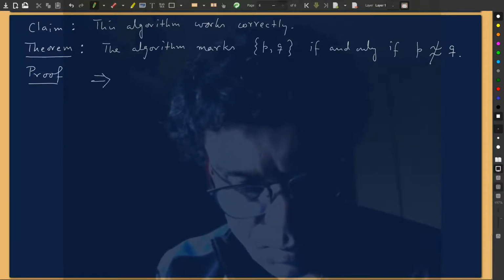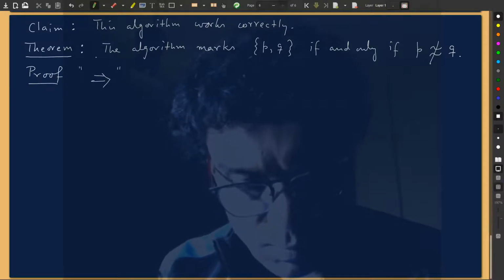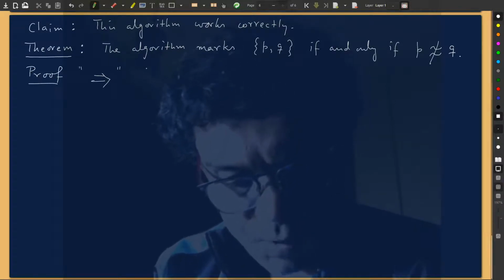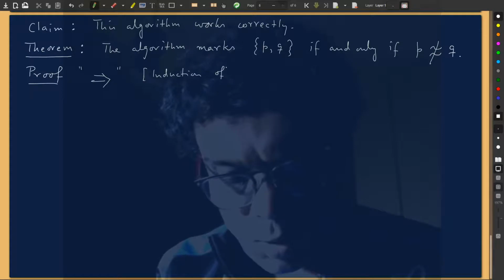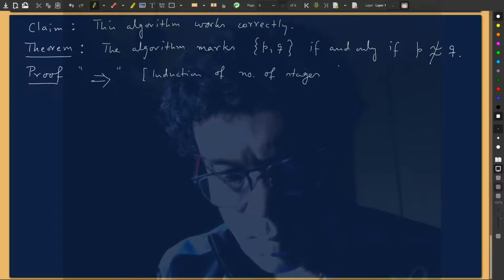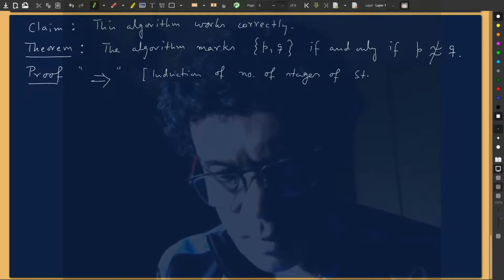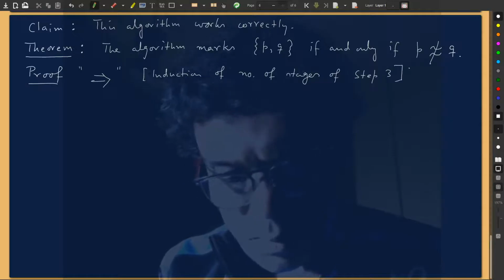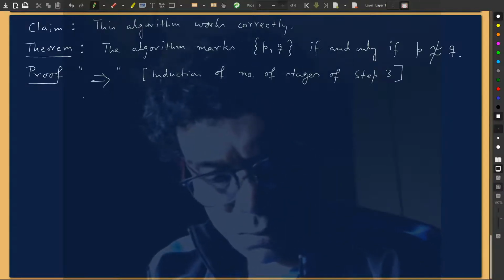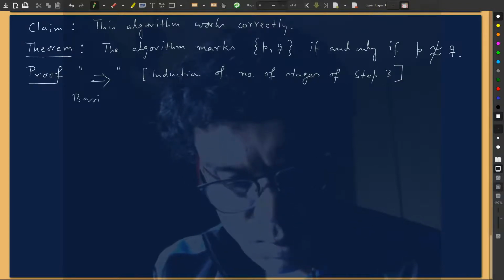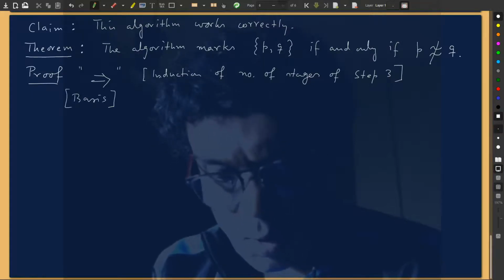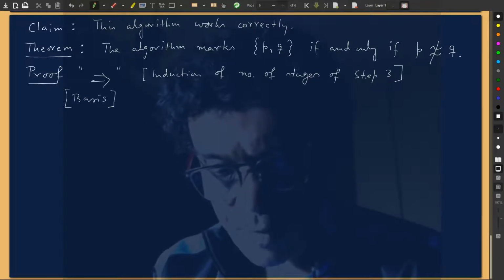First maybe this. Okay, so here I proceed by induction on the number of stages of step 3. Okay, so if this is 0, basis, that is before starting step 3 itself, P and Q are marked.